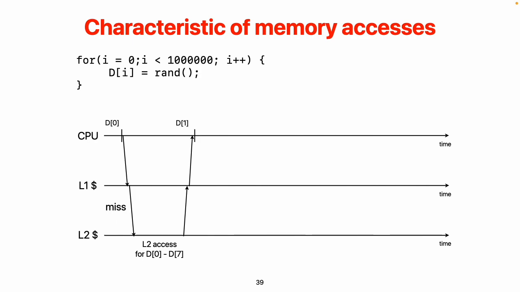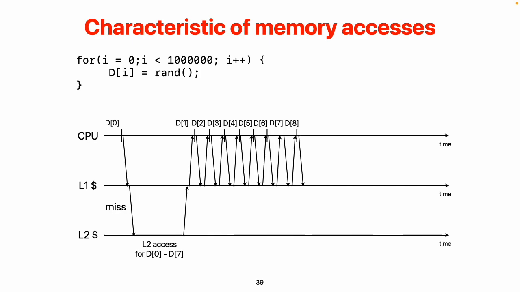It's a hit, right? After I resume the execution, the next one I'm visiting is D1, and it's actually a hit, until I access D8, if the block can accommodate 8 elements. Hit or miss? It's going to be a miss again, right? That's a common pattern of memory accesses.